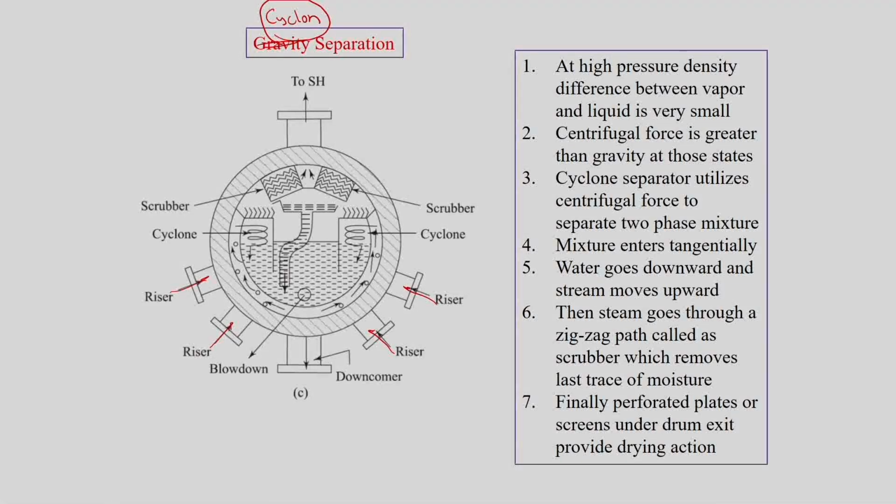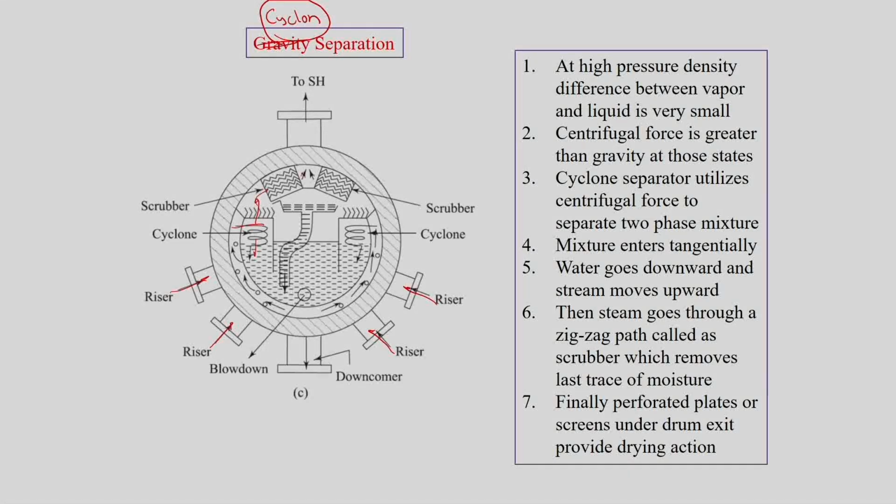and this mixture will tangentially enter a cyclone unit. Due to centrifugal force in this spiral unit, the steam will get separated since it is a little lighter, but water will settle down.